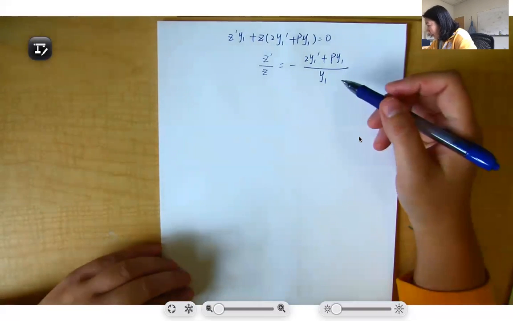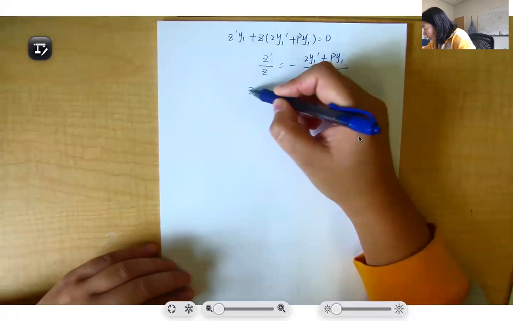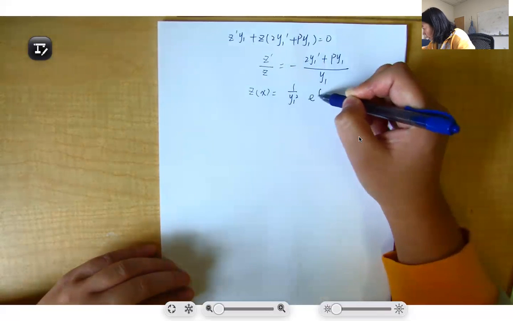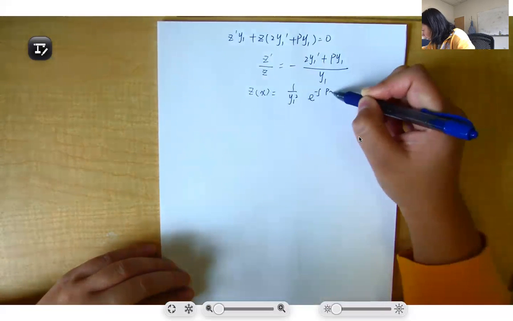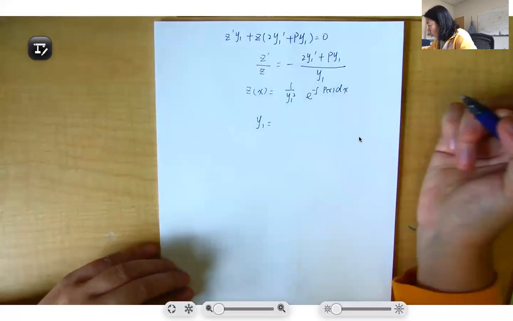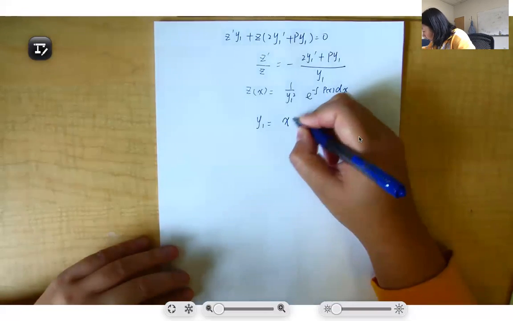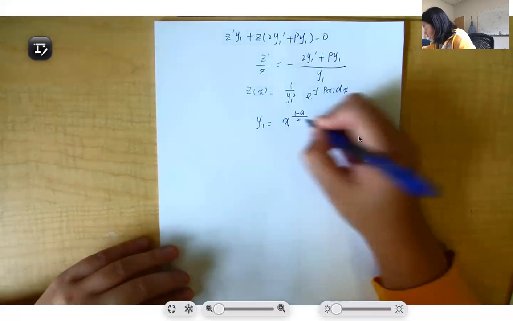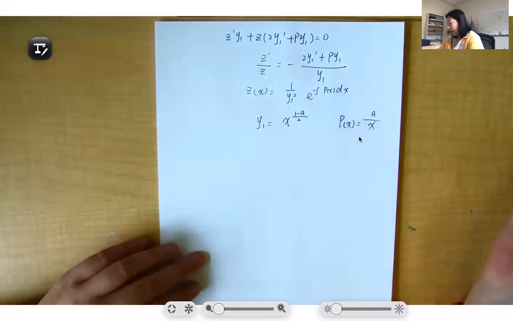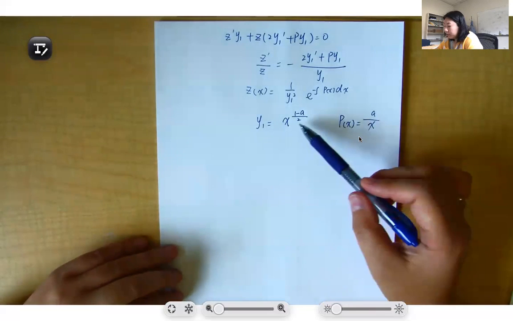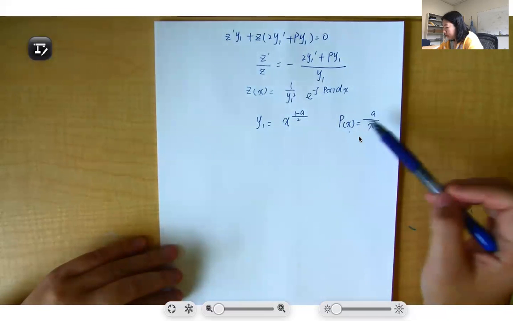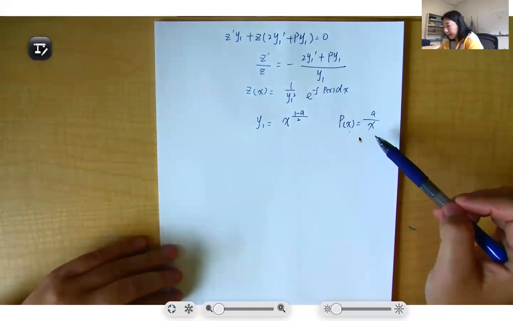So what you can get is basically z(x) equals 1 over y1 squared times e to the minus integral of p(x) dx. And you know y1 is equal to x to the (1 − a)/2, and p(x) is equal to a divided by x. So you just replace y1 and p(x) with their forms in x.